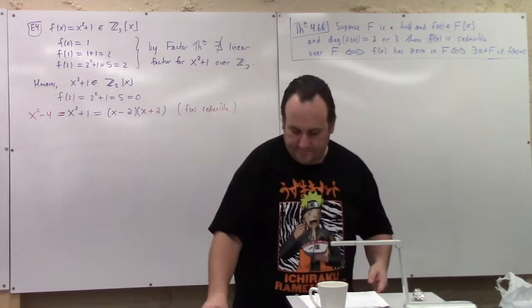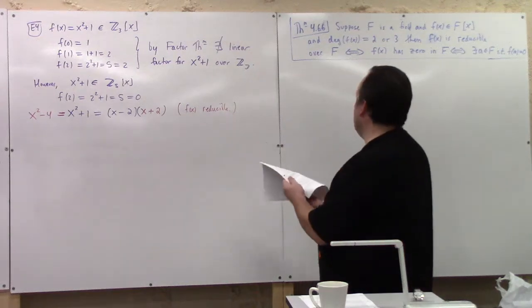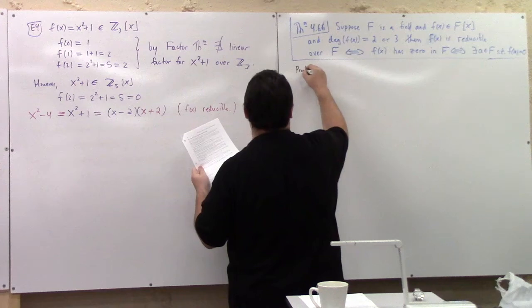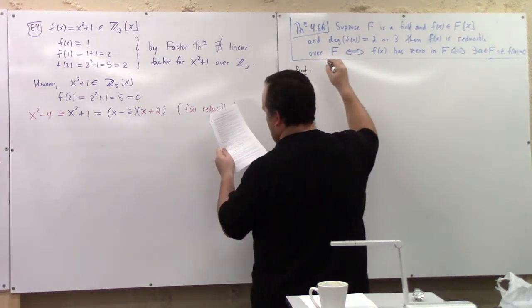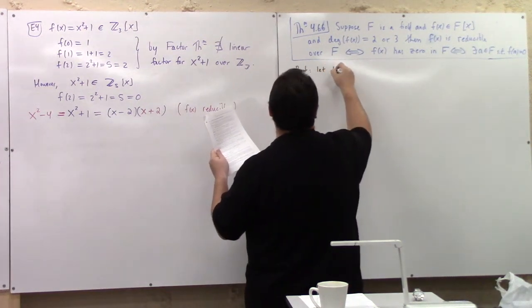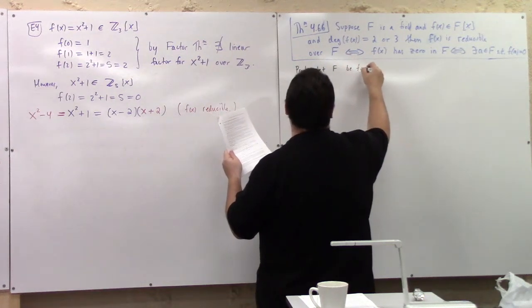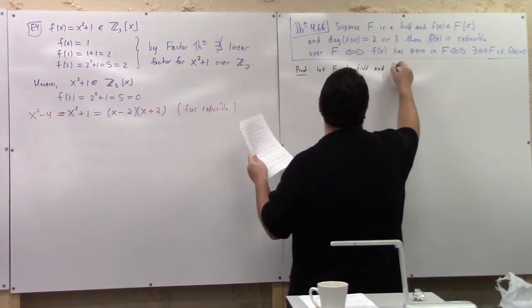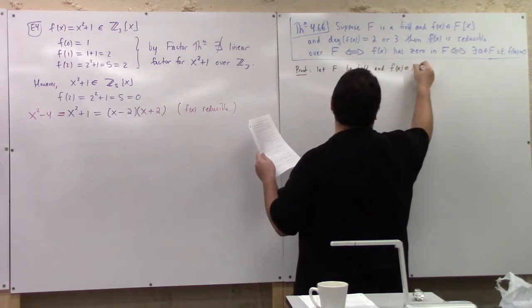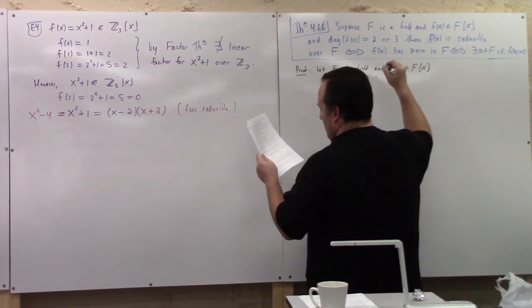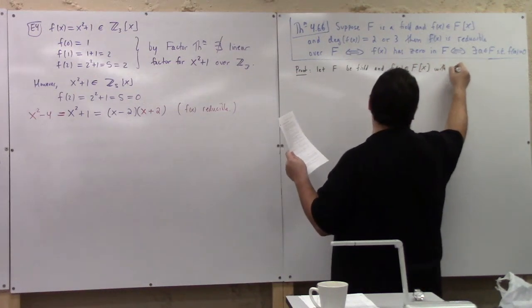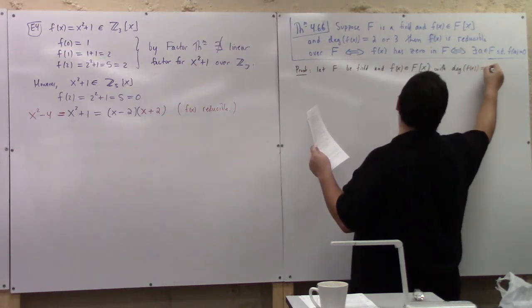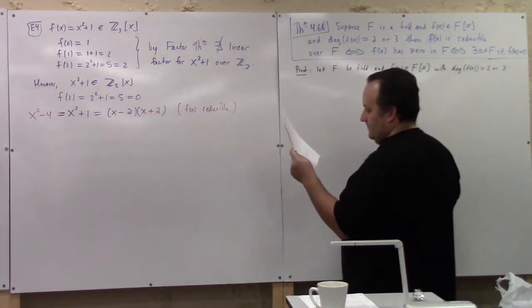So what's the proof here? All right, so let F be a field, and f of x a polynomial over that field with degree 2 or 3.